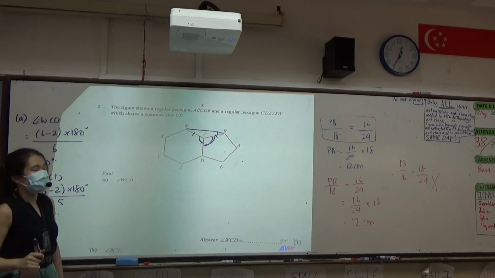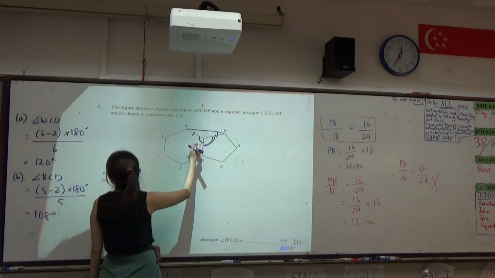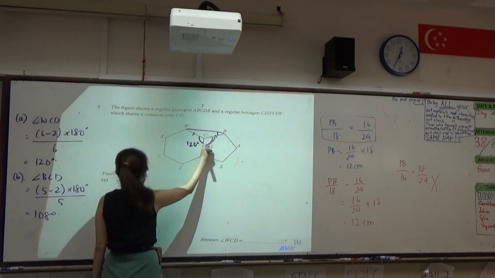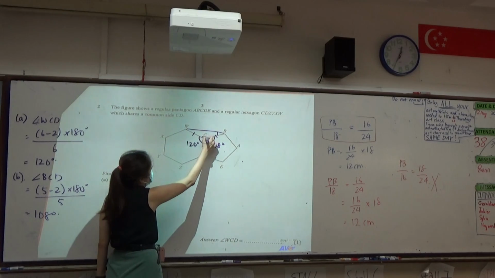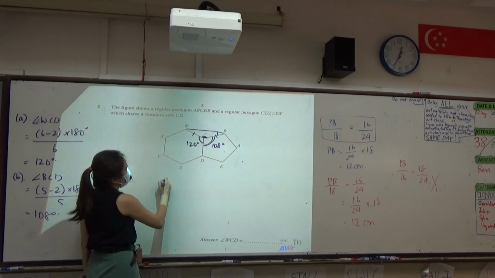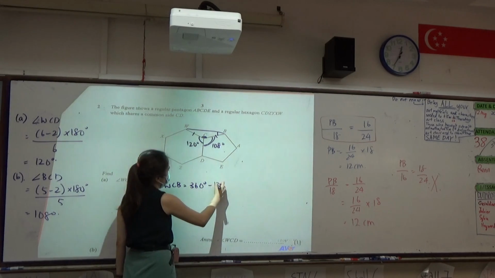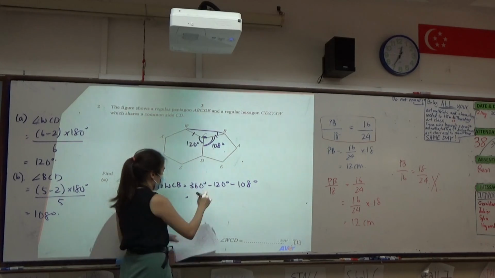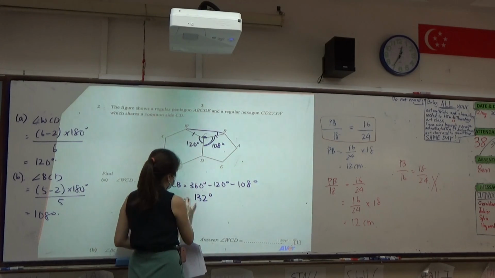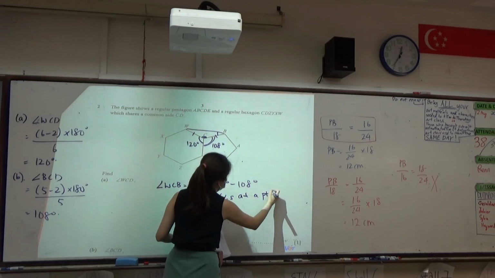Since I know these two angles here already, which is 120 and 108, I will know what is the size of this. So angle WCB is 360 minus 120 minus 108, and that is 132 degrees. If you want to know the reason, it's because of angles at a point.